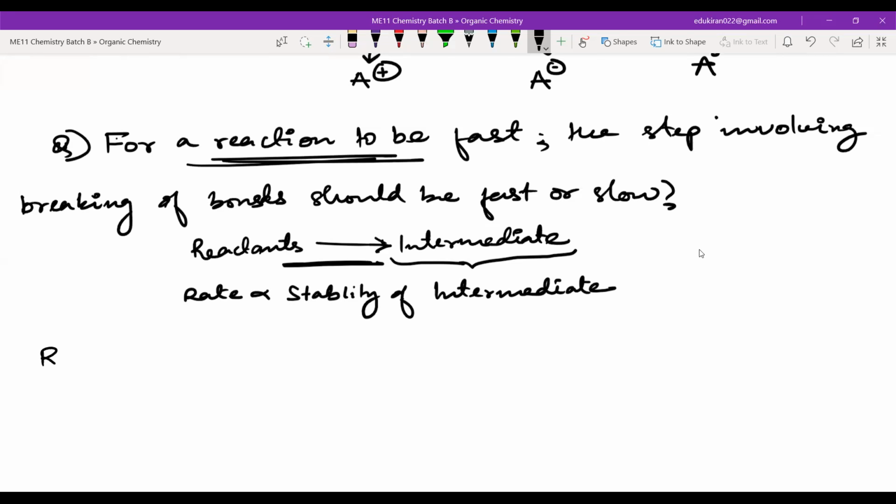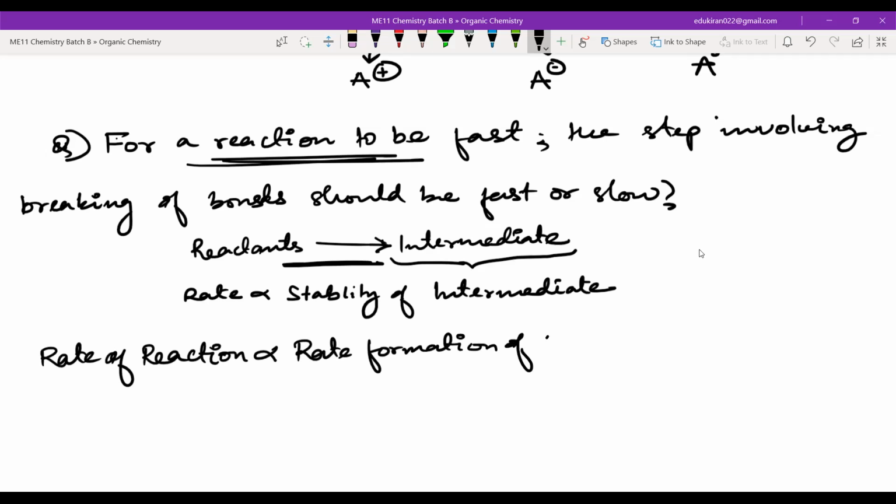And hence we can say the rate of reaction is proportional to the rate of formation of intermediate, and this rate of formation of intermediate is directly proportional to the stability of intermediate.